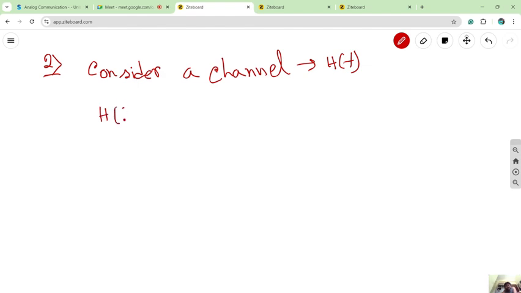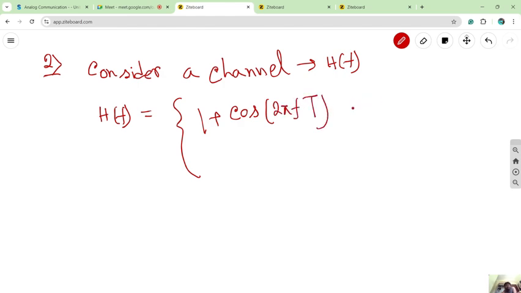H of f is equal to 1 plus cos 2 pi f t if mod of f is less than 1 by 4t, and 0 elsewhere.